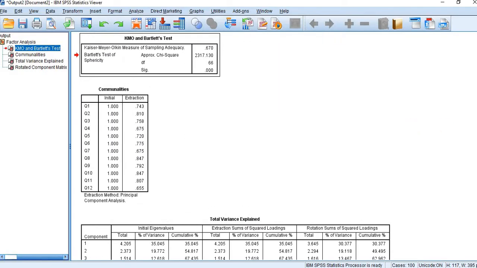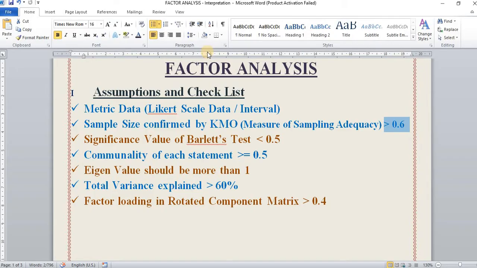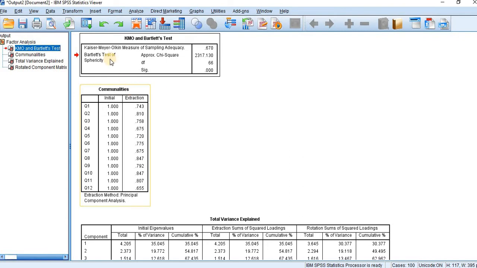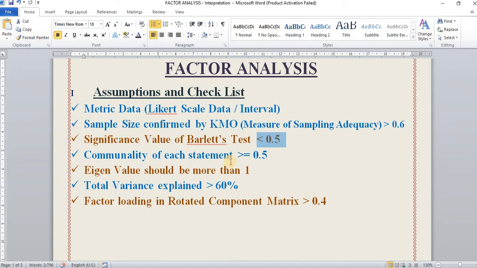The second, sample size confirmed by KMO, that measure should be greater than 0.6. In our factor analysis result, the Kaiser-Meyer-Olkin measure of sample adequacy is more than 0.6. Second, the significance value of Bartlett's test is less than 0.05. Bartlett's test of sphericity, the significance level is less than 1%. That is also an assumption cleared.